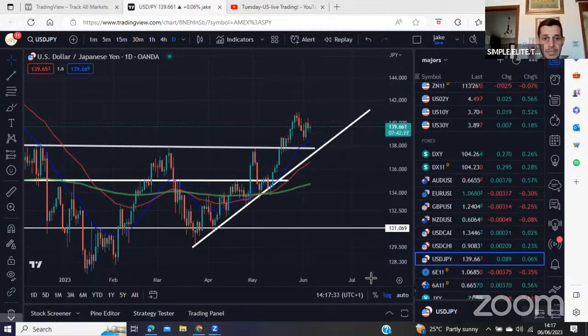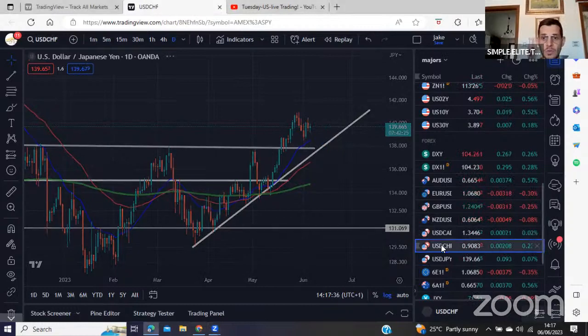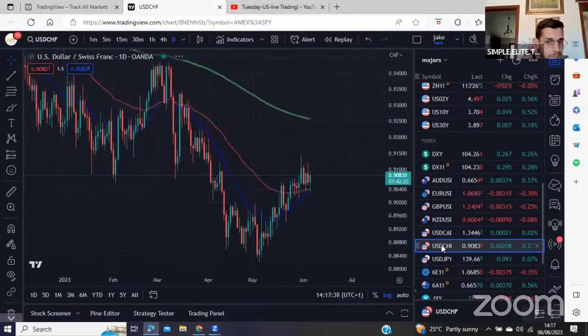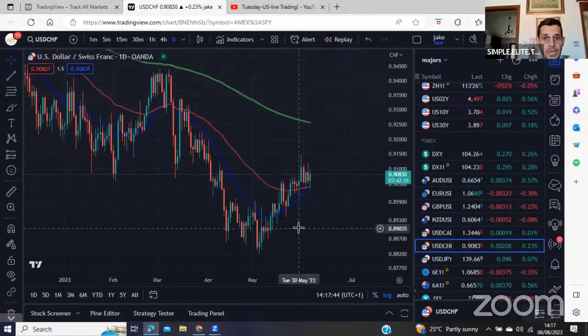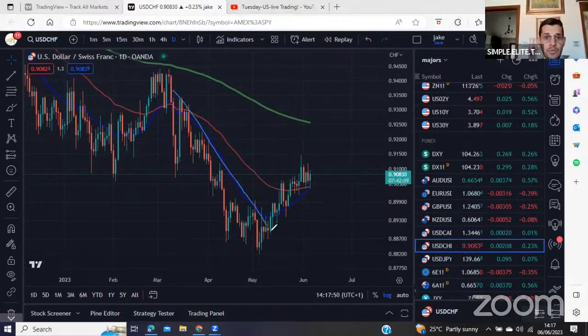The last currency pair is dollar Swiss franc. I think we have some change of trend now, because it looks ready to change the trend after this bearish movement. Now price is heading up, so it's not on top of my list because I don't like the price action.